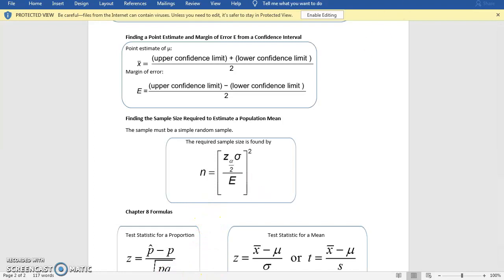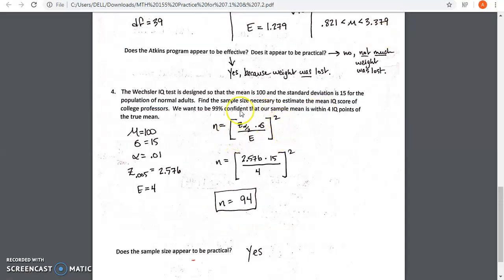So this is the formula that we're going to use, and it came from your formula sheet to find the sample size. The population mean, or mu, is 100. The sigma, or standard deviation for the population, is 15. Now notice what they asked here. They want to be 99% confident.